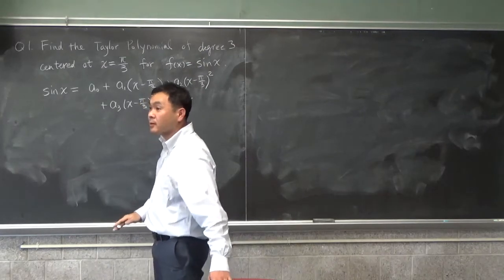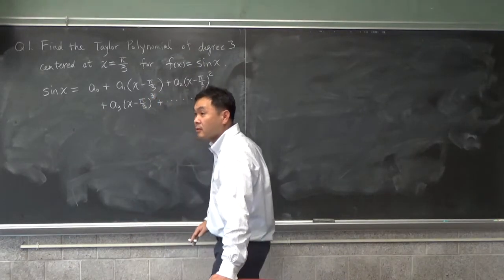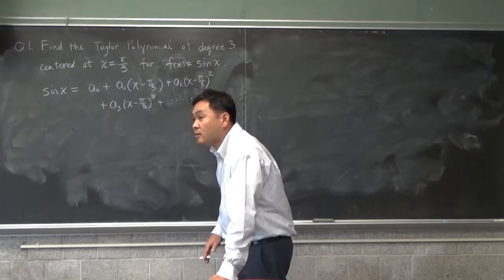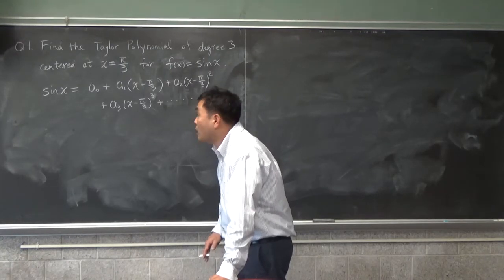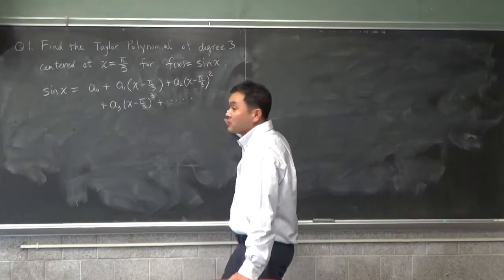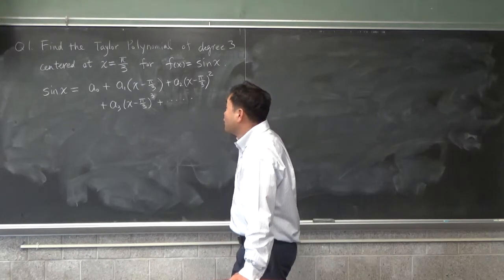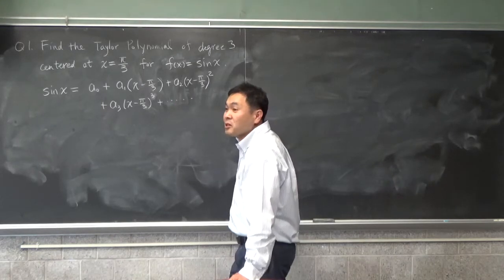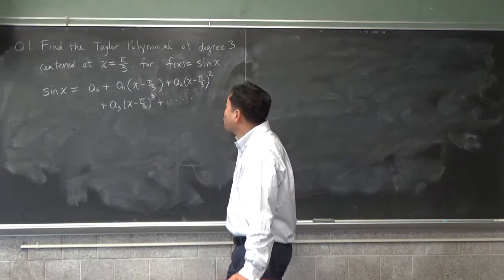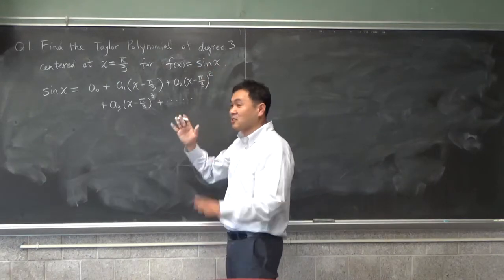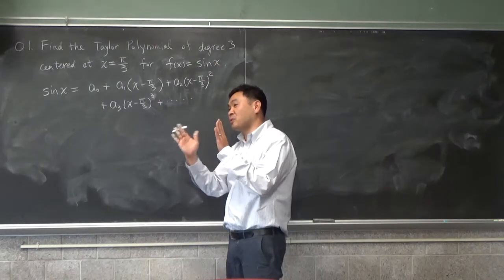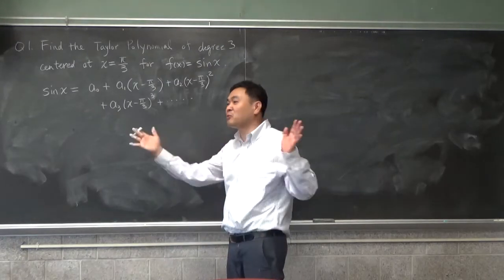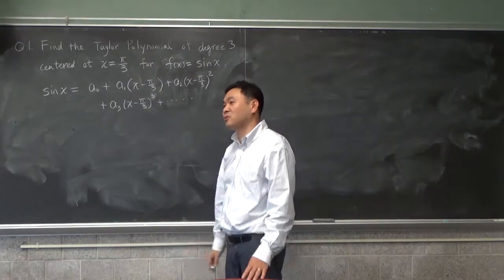Would you ever tell us bounds, like sine x between 0 and 2 pi? Oh, no, that's not necessary, because the Taylor polynomial of degree 3 centered at pi over 3 is only going to be approximating sine x near pi over 3. So bounds really don't matter much.